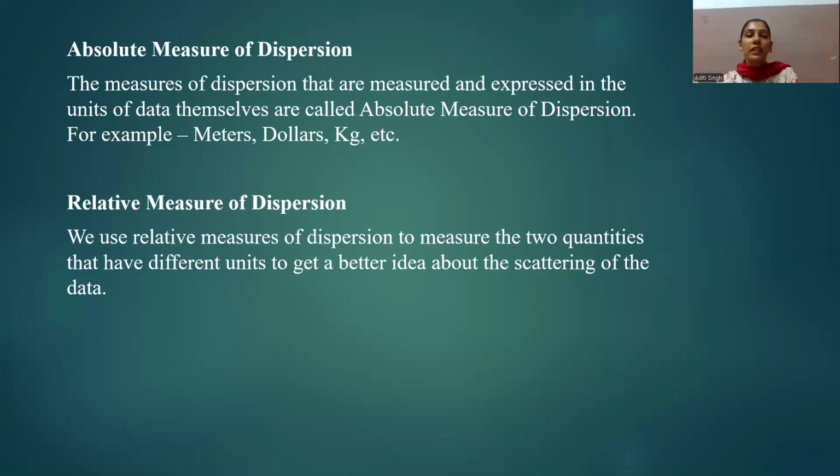So relative measures are also coefficients of various methods of absolute measure. Okay, so this is the meaning of absolute measure and relative measure. We will also discuss their methods in detail.